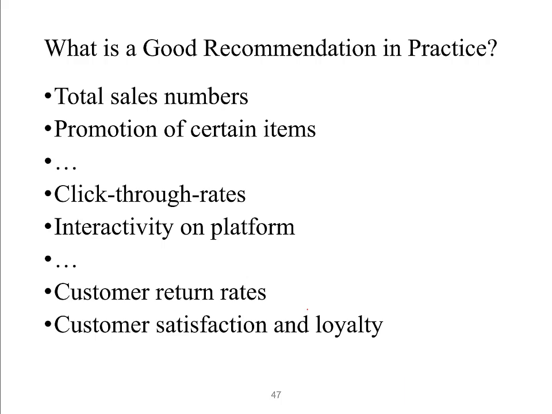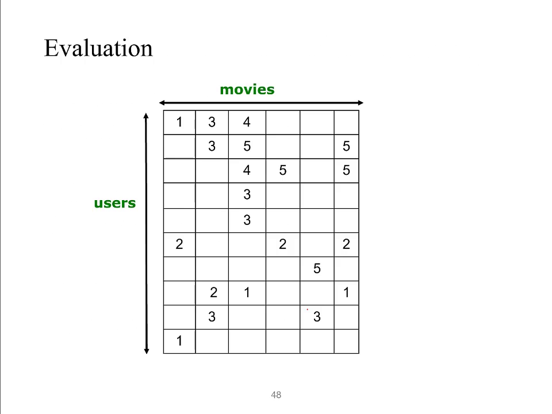Also, other signals including promotion of certain items, click-through rates, interactivity on the platform, or customer return rates, or customer satisfaction and loyalty. So all these signals or factors can be used to judge whether it is a good recommendation, or a good recommender system, in practice.